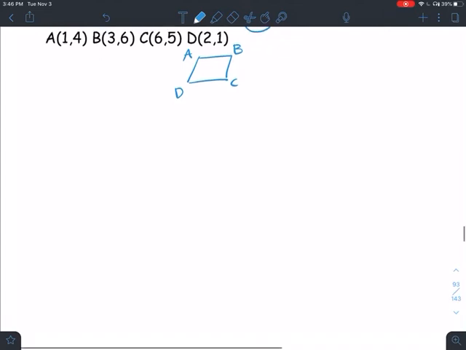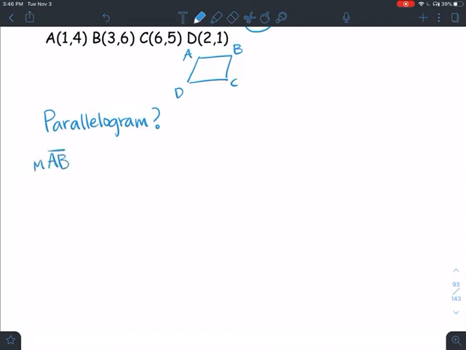So let's check slopes first and determine broadly if this is a parallelogram. Checking the slopes would help us narrow down whether we have some perpendicular sides, which could lead us to a square or rectangle. So let's find the slopes of all 4 sides.